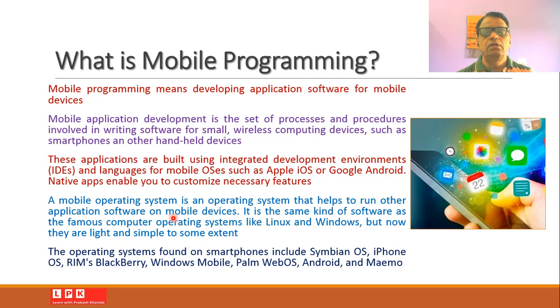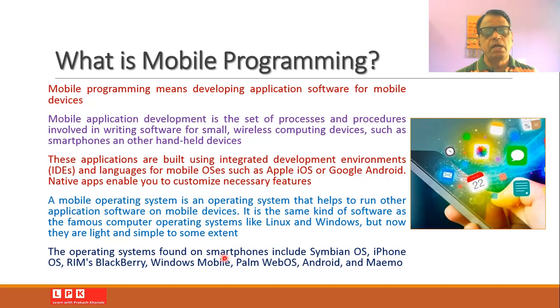It is just like other computer operating systems such as Linux and Windows. But you can say that mobile operating systems are lighter and simpler versions when compared with laptop or desktop operating systems.